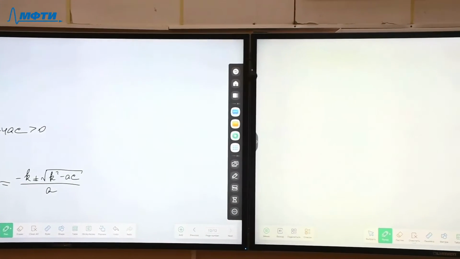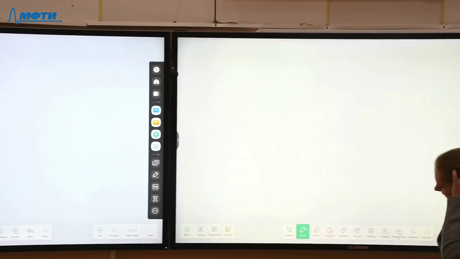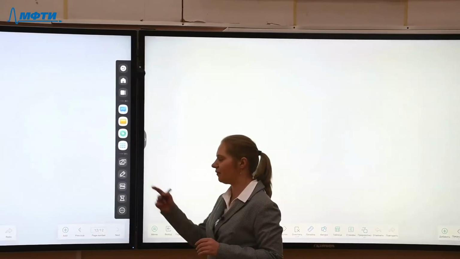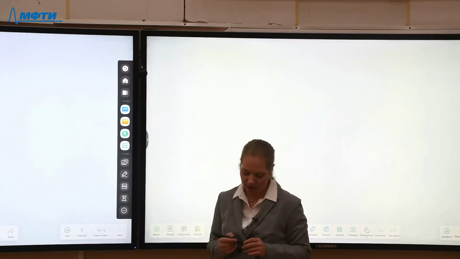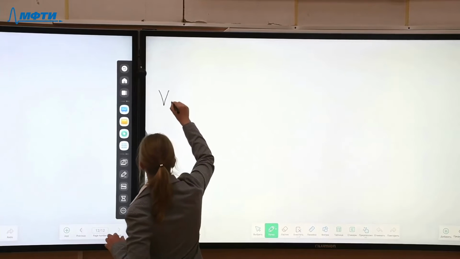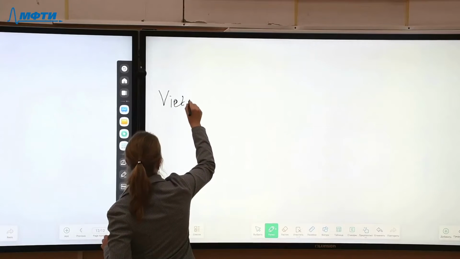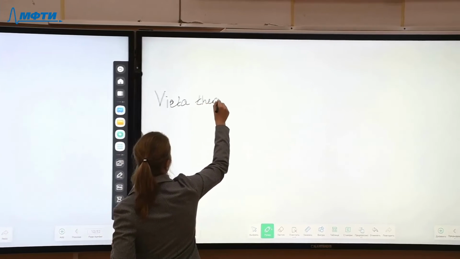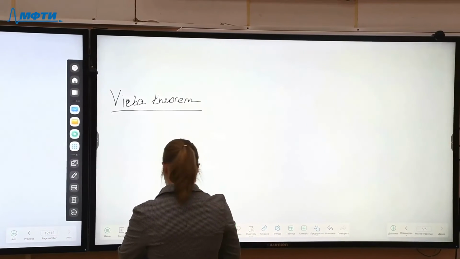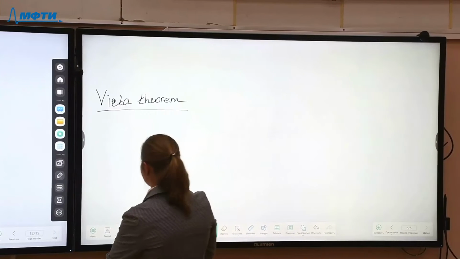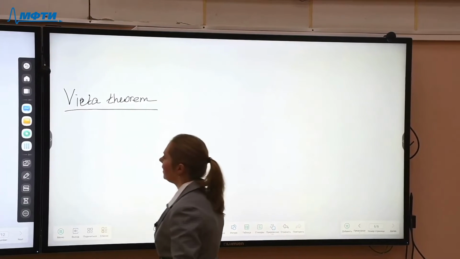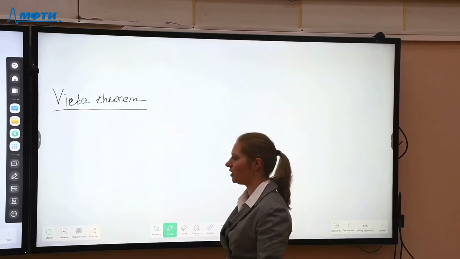Well, but sometimes it is very complicated to find roots using this formula. But we can use the so-called Vieta theorem and inverse Vieta theorem. And if we're talking about Vieta theorem, let's suppose that our quadratic equation has two roots.